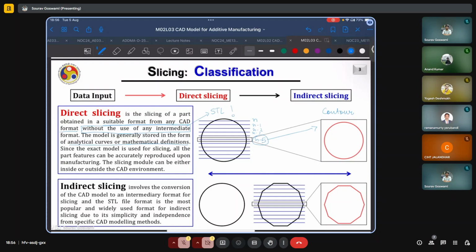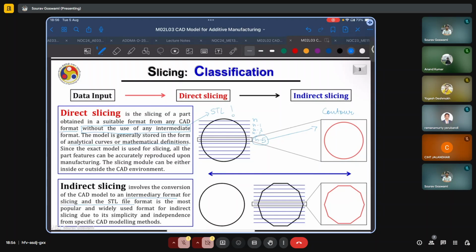However, this would not be the case in indirect slicing, where we have converted this 3D sphere into an intermediate format, such as STL, which approximates the circle with the use of triangles to form a geometry such as this polygon shown here. In this case, when we look at any random layer of slicing, we see that now the contour is not a perfect circle, rather it has these vertices and it is made up of straight line segments.